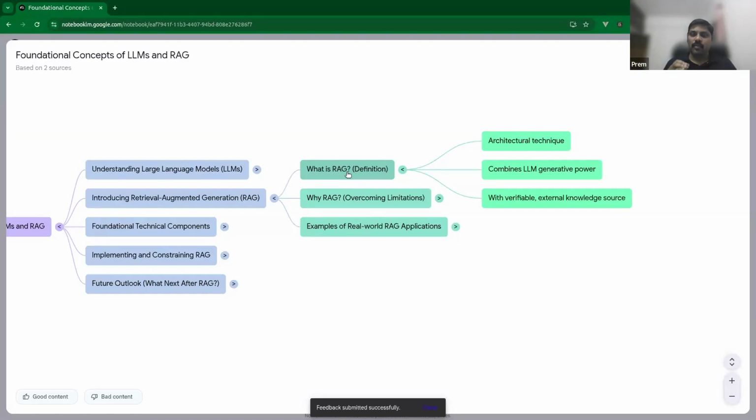Here is information, go get it, refer to it, and provide the answer to the user. If we can make that work, that is RAG. Retrieval augmented generation. The LLM was just doing generation. Now we are going to augment that generation by doing retrieval. Understood, right? That is RAG.